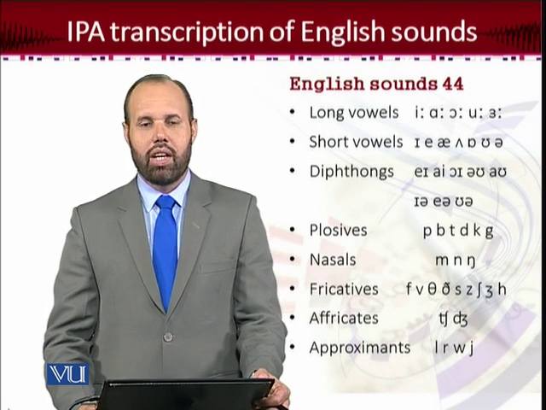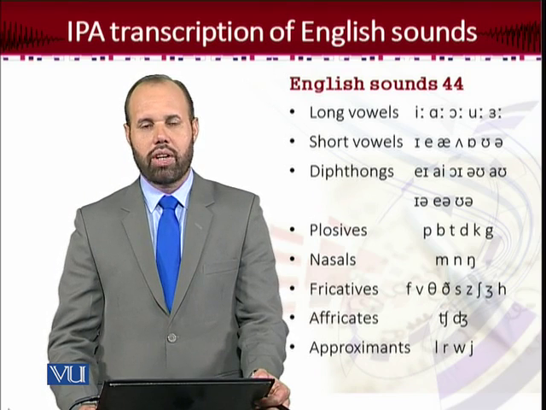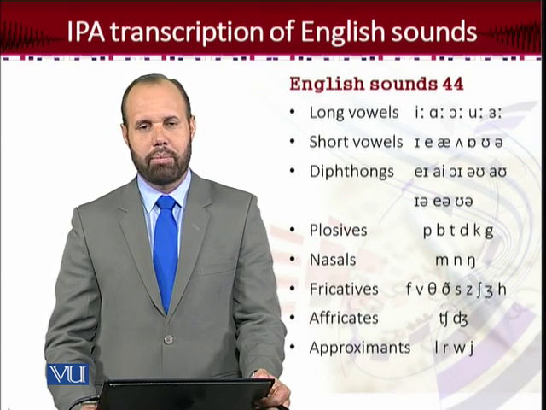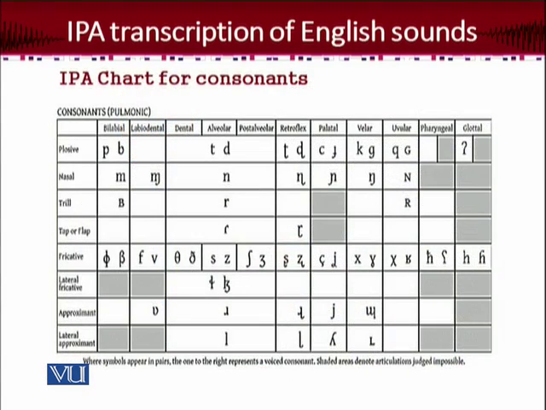Now let me show you how we can look at them and what the logic is behind the drawing of the table, the chart, as it is shown on the IPA chart, and how we can use that chart or inventory for these sounds in English. So now let me take you to the IPA chart for consonants.